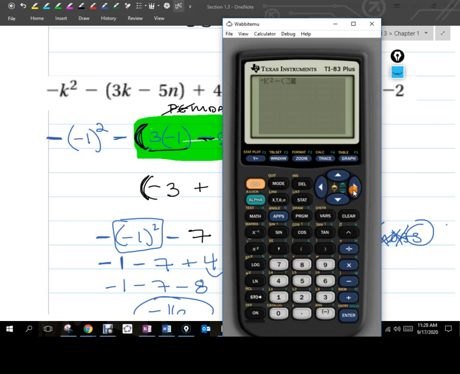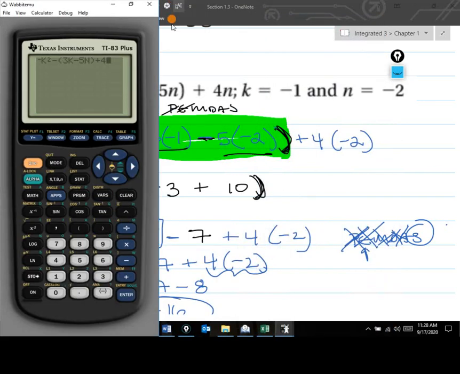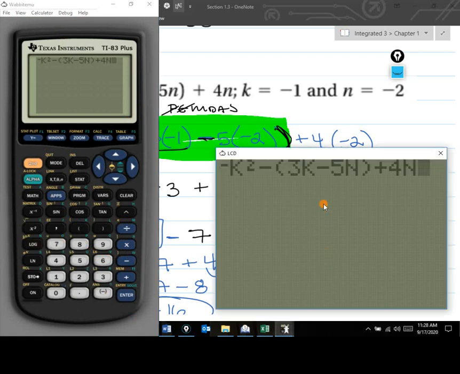And then minus 5, alpha N. And then I'll hit plus 4, and then alpha N again. Okay? So it should look something like that.